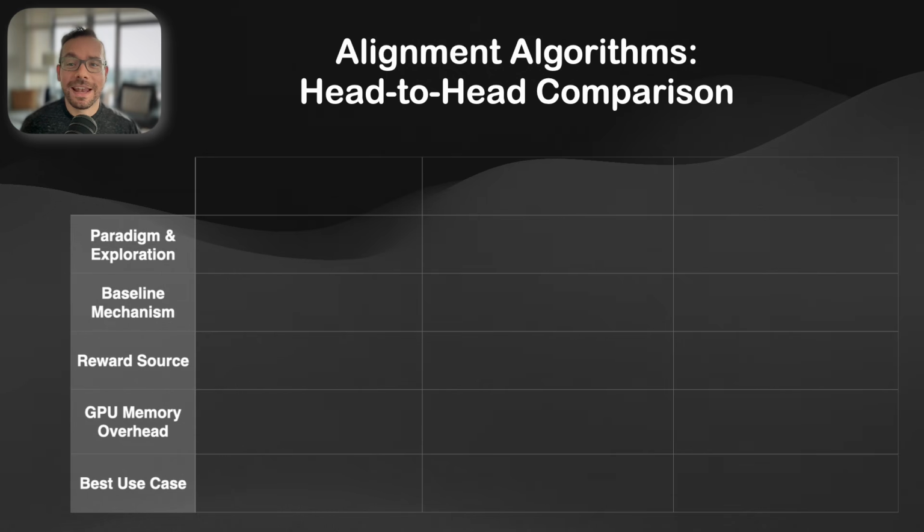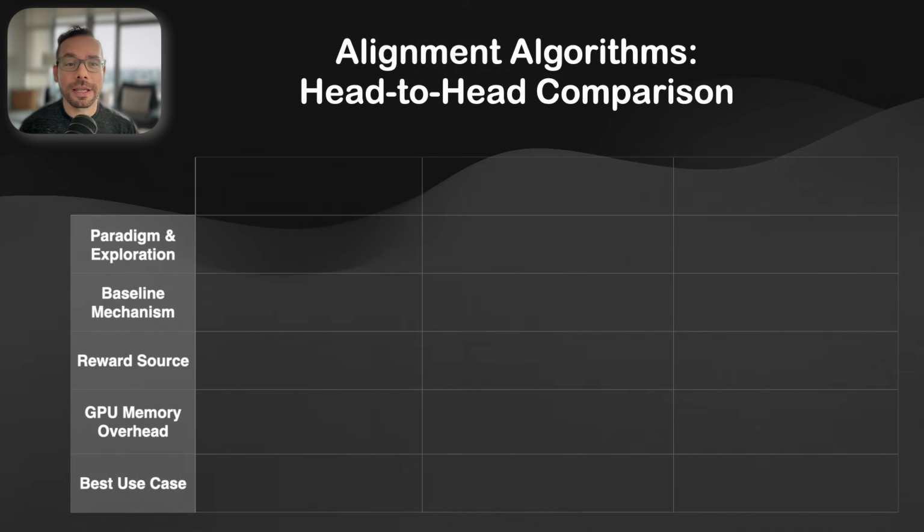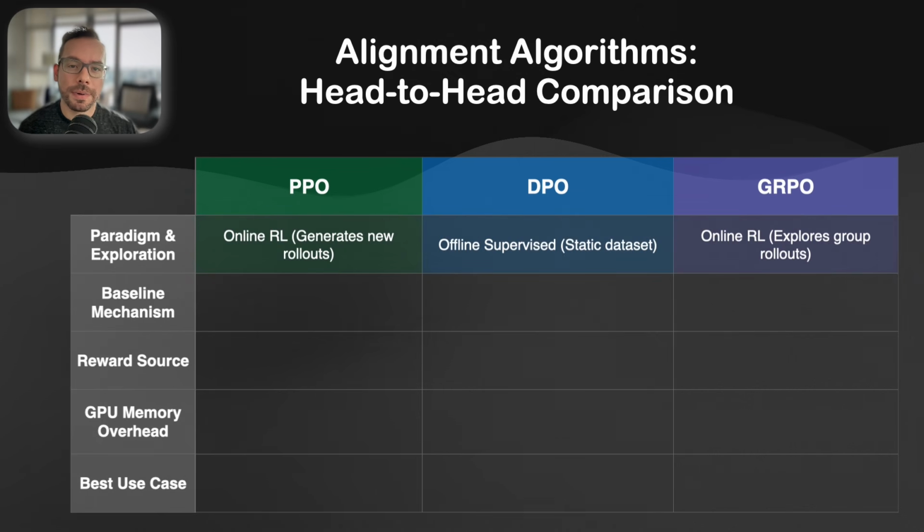All right, now it's time to do a head-to-head comparison. Let's put this side by side. This table gives you the full practitioner decision framework in a single view. So we have PPO, DPO, GRPO head-to-head, and we are going to start with looking at paradigm and exploration. This is the primary dividing line here. PPO and GRPO are online RL methods.